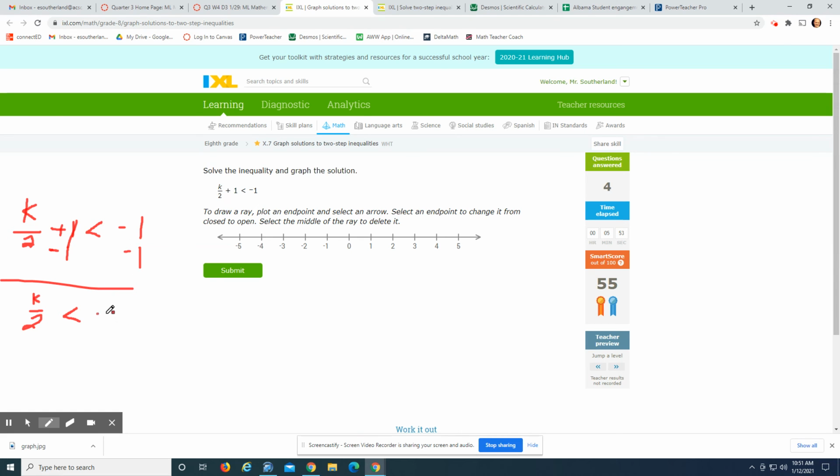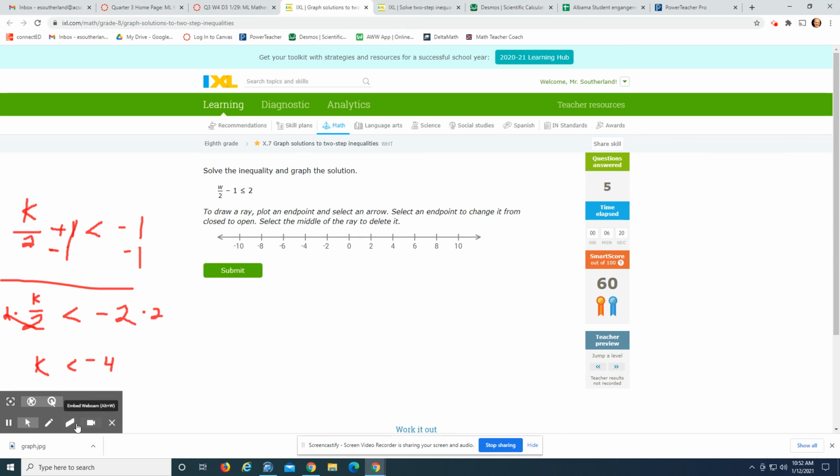Negative 1 minus 1 is negative 2. Then we're going to multiply both sides by 2. It's a positive 2, so the sign's going to stay the same. Those cancel. K drops down. Negative 2 times 2 is negative 4. And then we're going to click negative 4. It's an open circle. And then less than would be to the left.